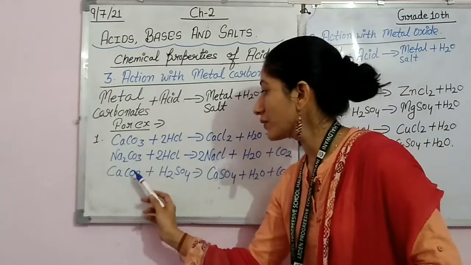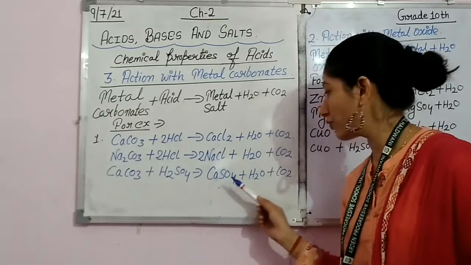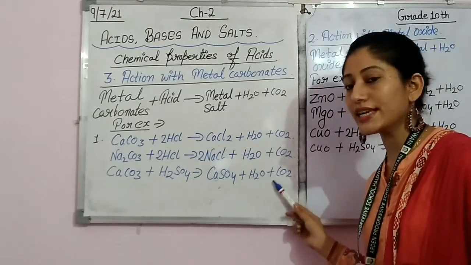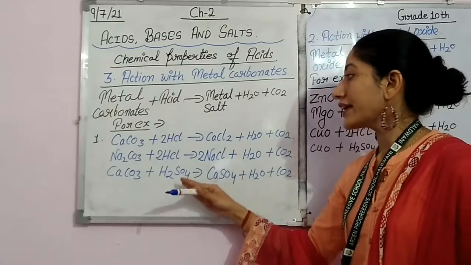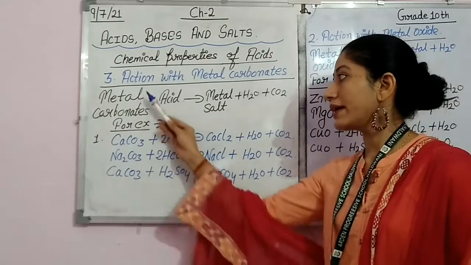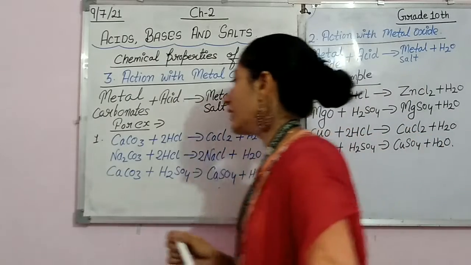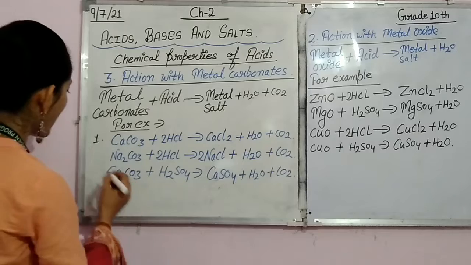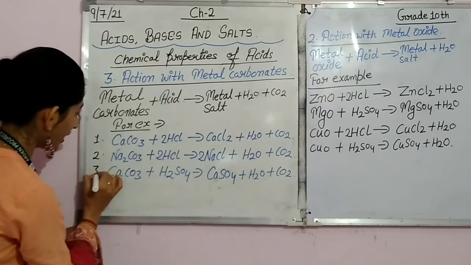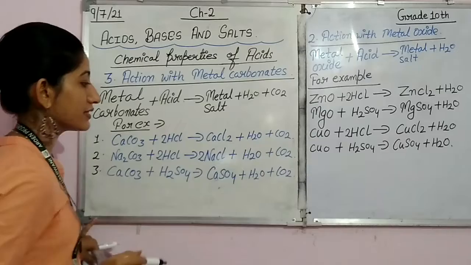So calcium carbonate plus H2SO4 gives CaSO4 plus H2O plus CO2. So these are the reactions in which metal carbonates react with acids. Related to this I have given you three examples.